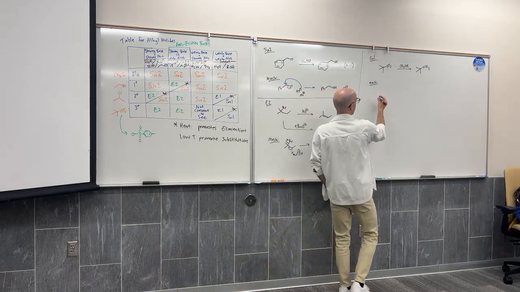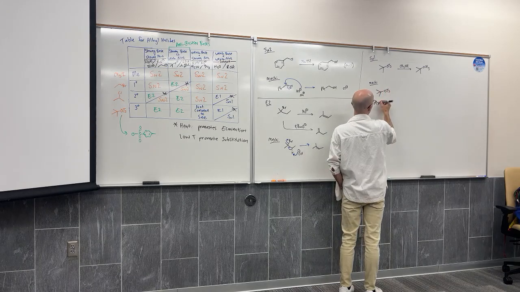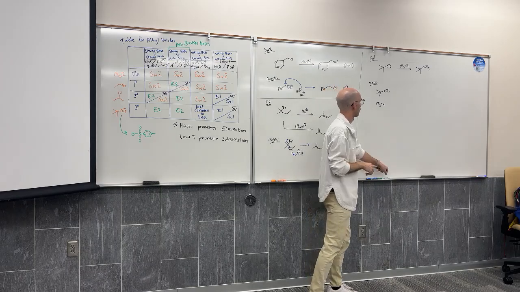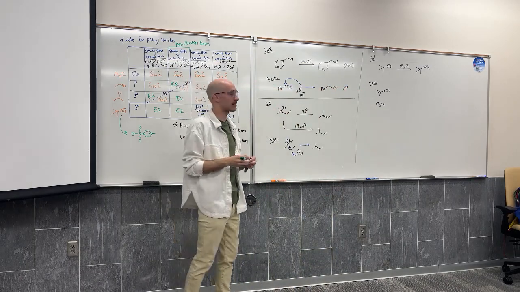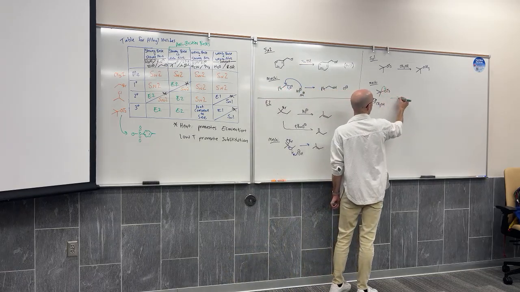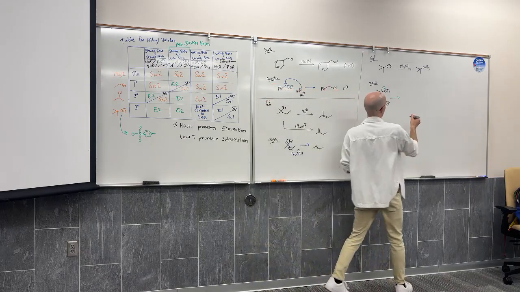Now in this mechanism, I'm going to show everything that's present throughout the reaction, but not everything is involved in each step. SN1 and E1 mechanisms share the same first step. First, the leaving group leaves. First, a carbocation forms.